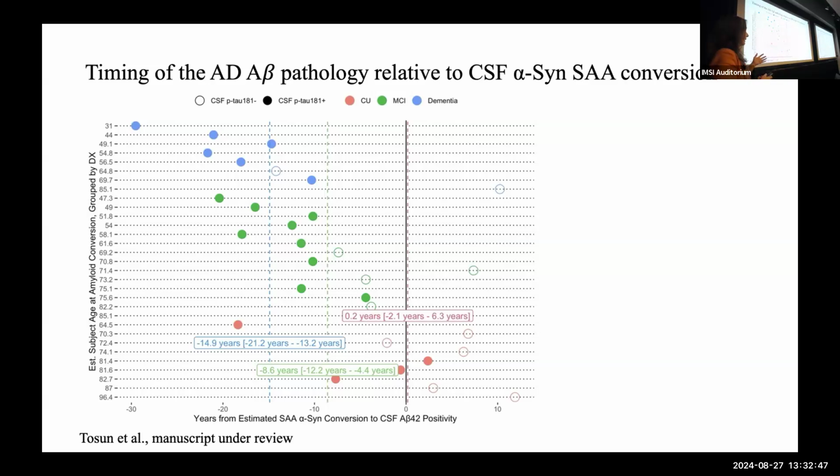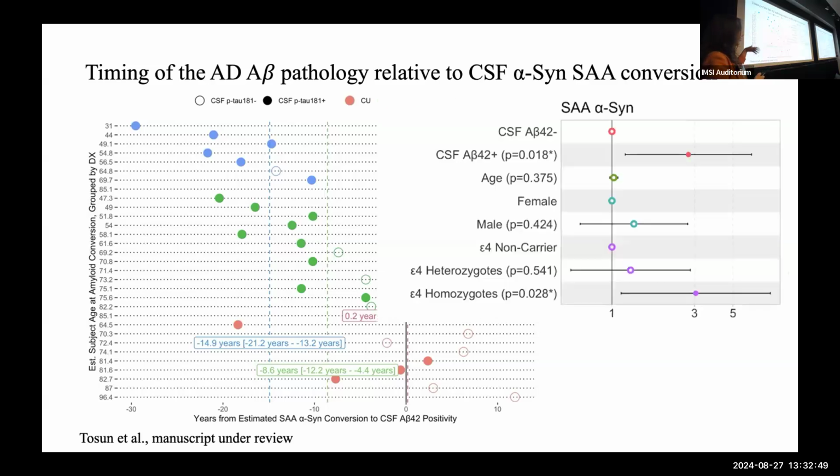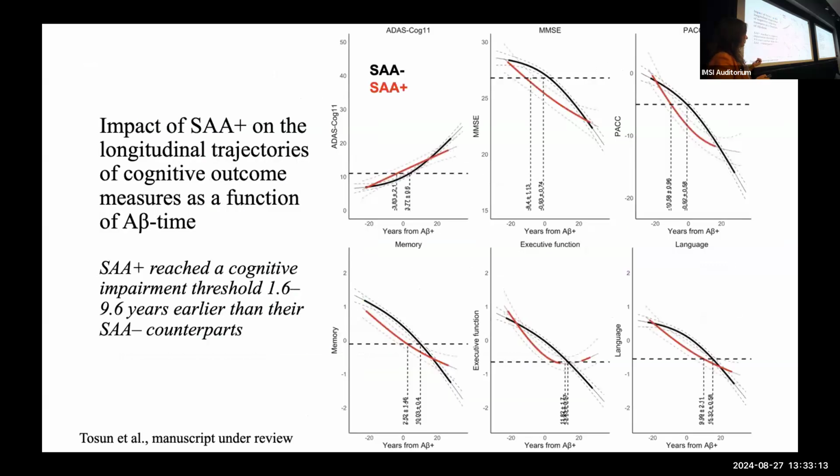And what we're observing is that it's really the amyloid that is presenting first before the onset of Lewy body pathology in cognitively impaired individuals, not necessarily in cognitively unimpaired individuals. And being amyloid positive, and also being an ApoE4 carrier, a homozygote carrier, are high risk factors for acquiring Lewy body pathology.